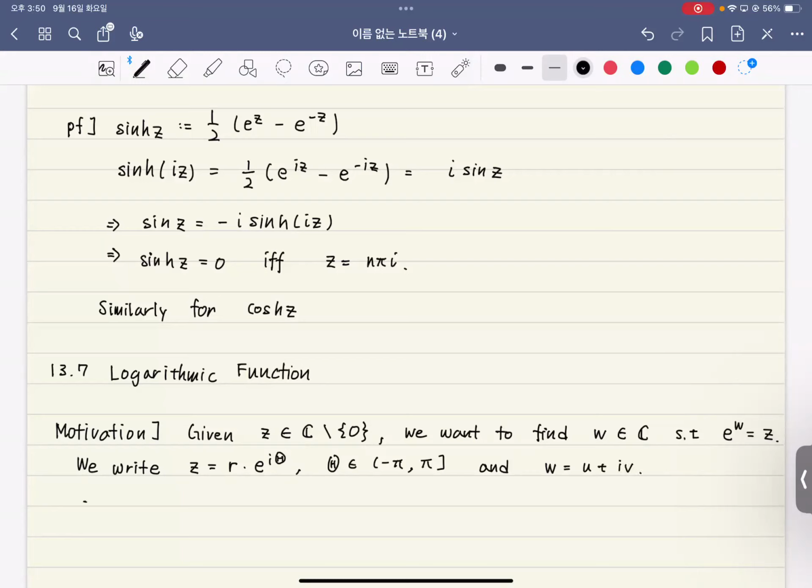Okay, so now this relation: the exponential of U plus i times V is e to the U times e to the i times V. And this number should be the same as R times e to the i times Theta.